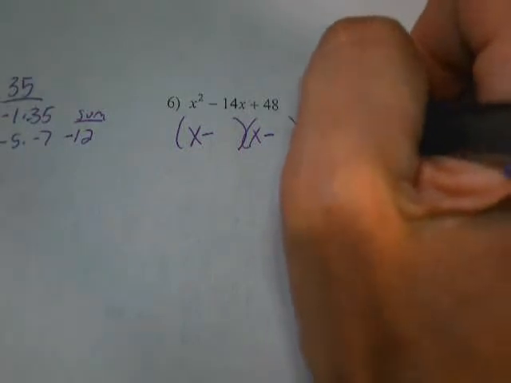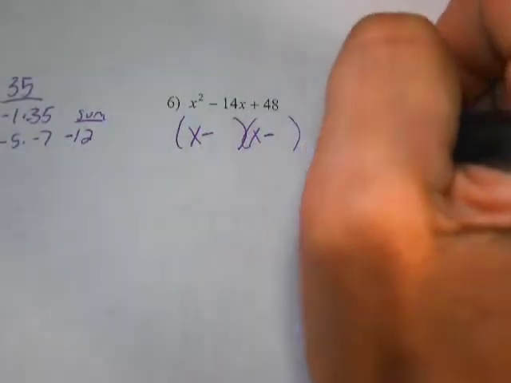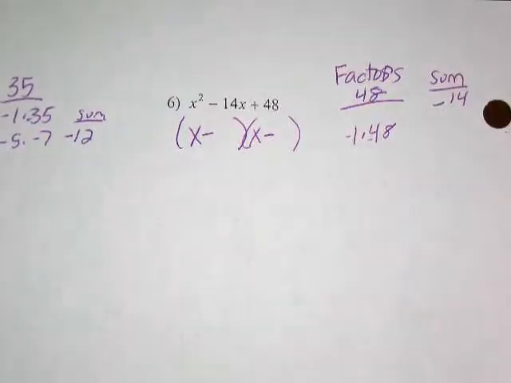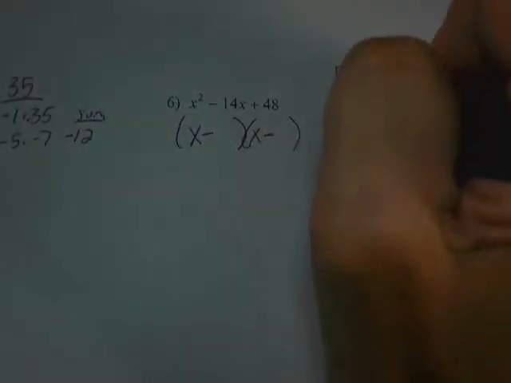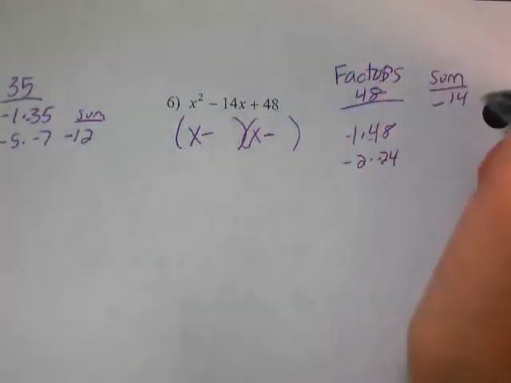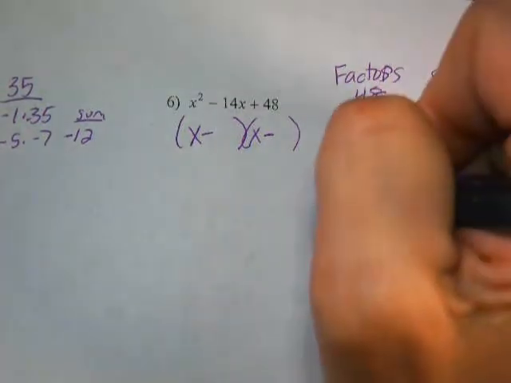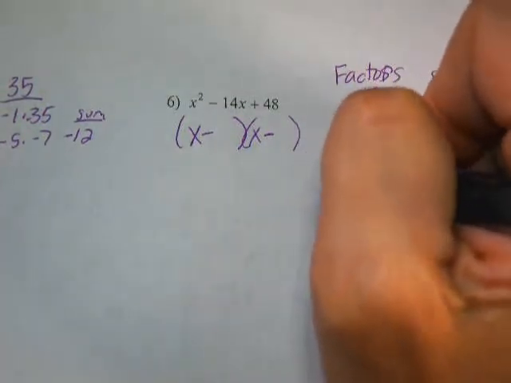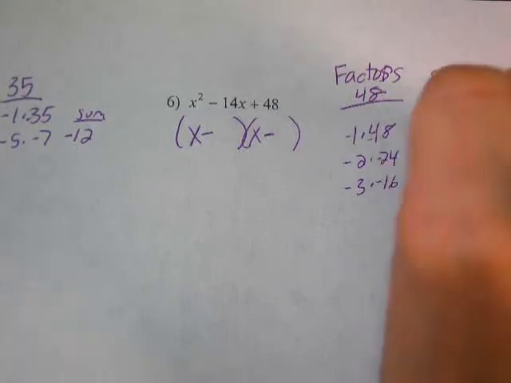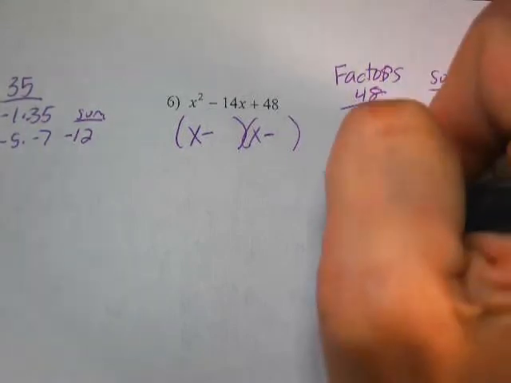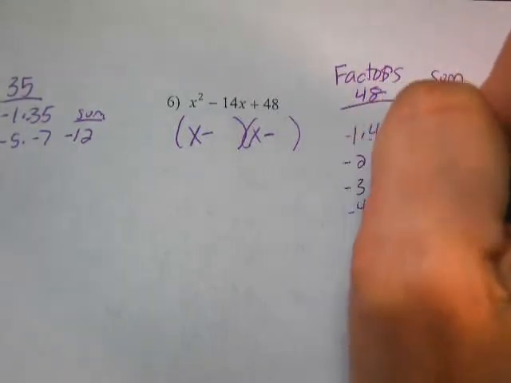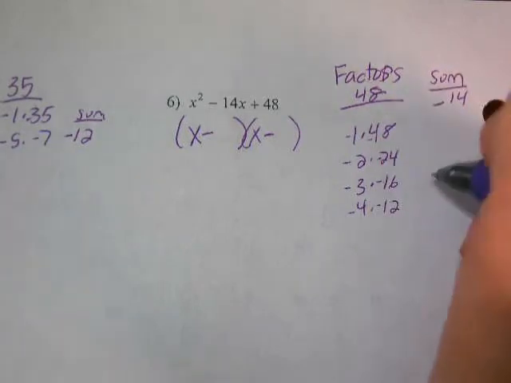So I could do 1 times 48. These are both negative, but I know that. Negative 2 times negative 24. It's not working for me. 3 times 16. Not working. Negative 4 times negative 12. Not working for me.